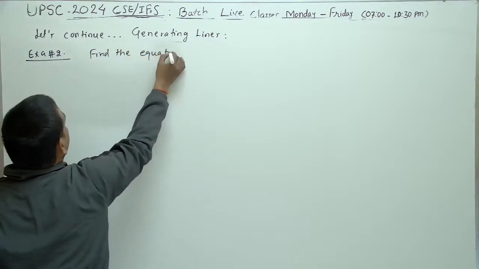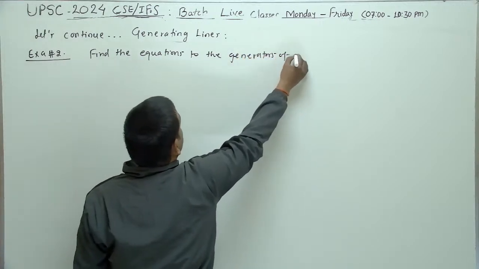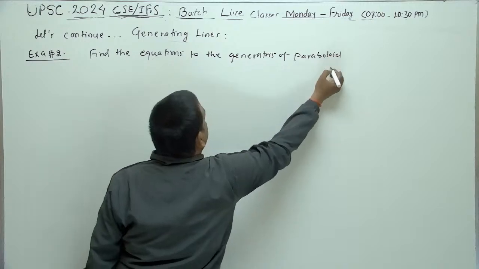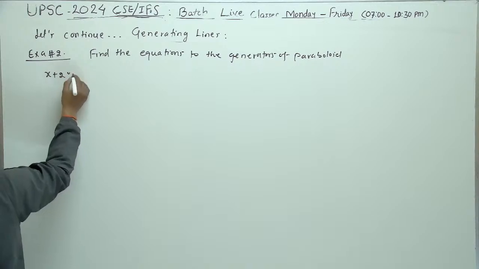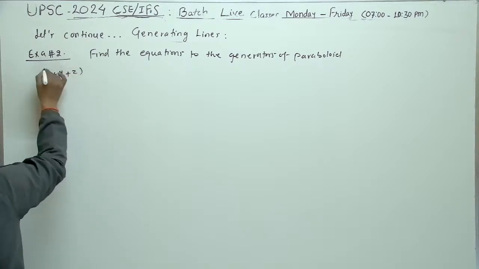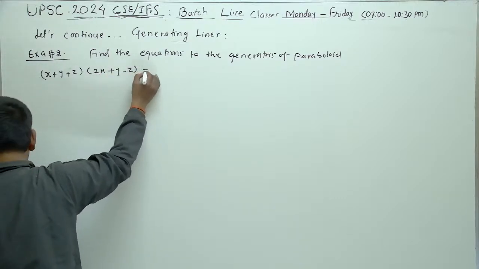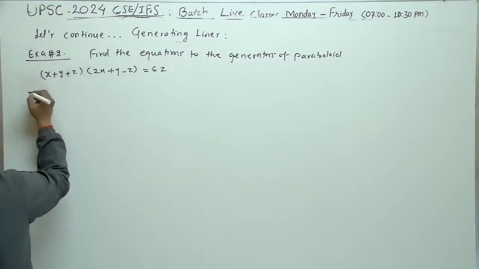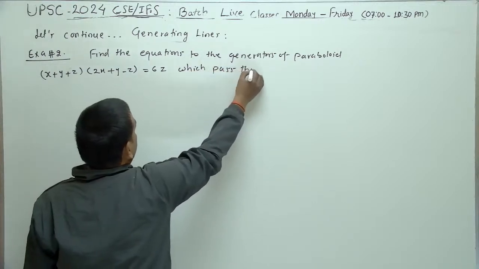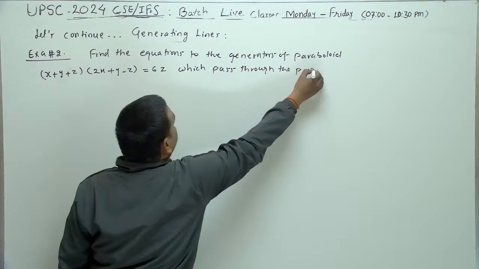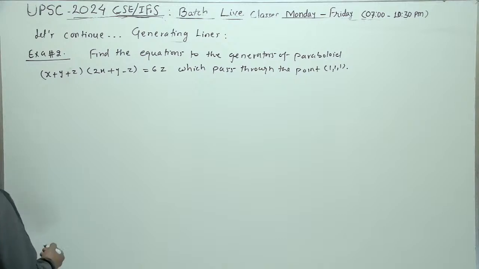Find the equations to the generators of paraboloid (x plus y plus z) into (2x plus y minus z) equals 6z, which pass through the point, यानी कि जो जनरेटर्स हैं those pass through the point (1, 1, 1). ठीक है, easy only.